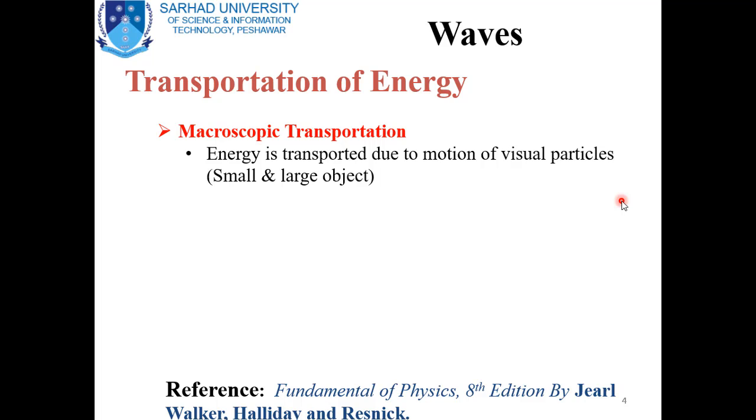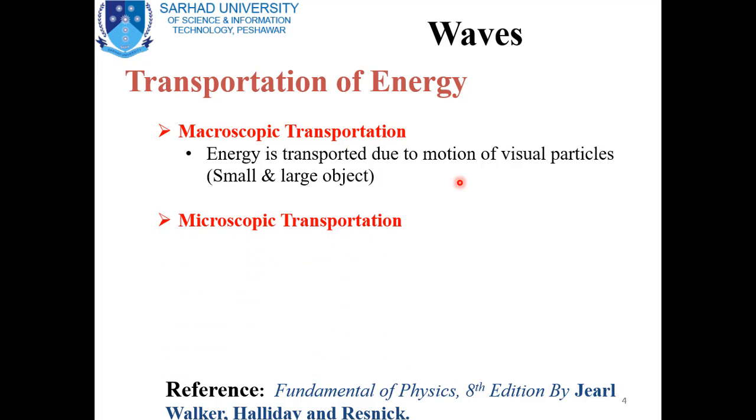For example, if you are seeing that the object is transported from one point to another point, so energy is associated with these objects, and this transportation of energy is known as macroscopic transportation of energy, in which you can see the object with your naked eyes.